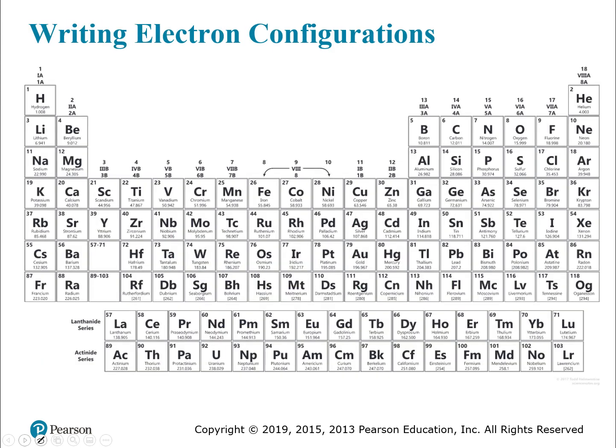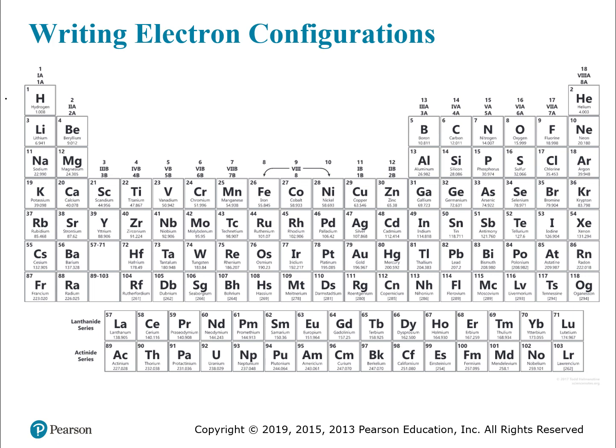Or you can print it out from the PDF. So this is the periodic table that you're going to get with all of your exams. It's got the group numbers. You've got the names and the symbols for all the elements. It's got the atomic numbers, all that good stuff. What we're going to add to it is the energy levels and sublevels.